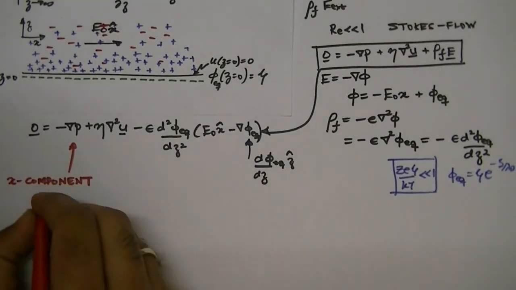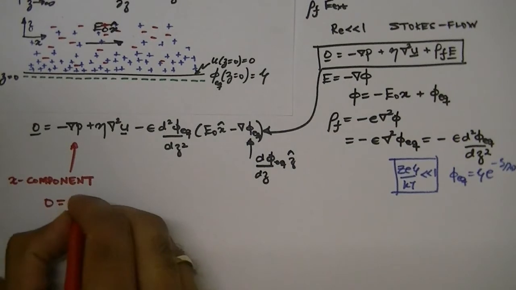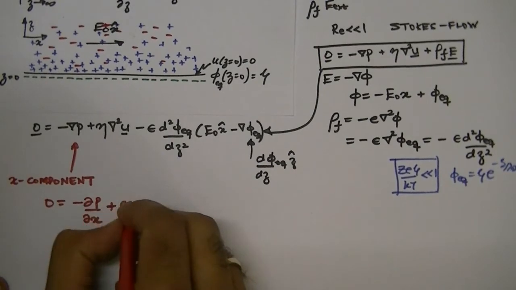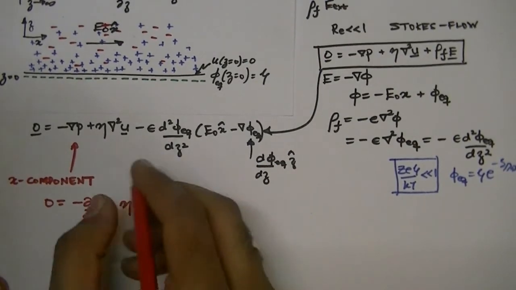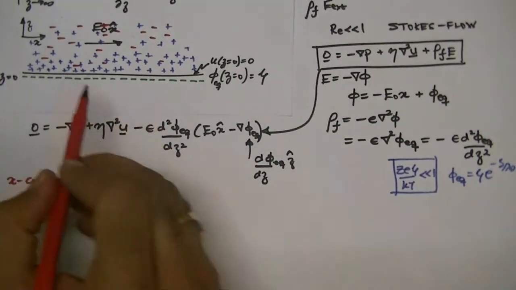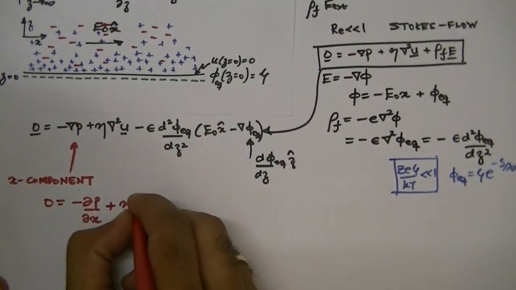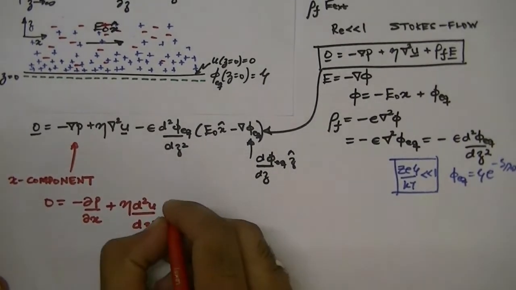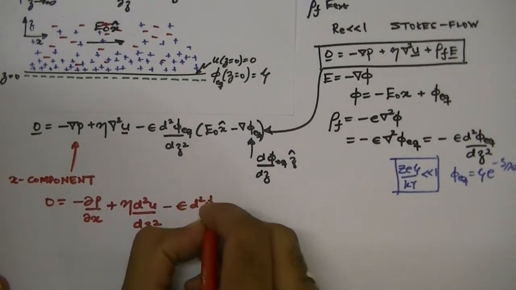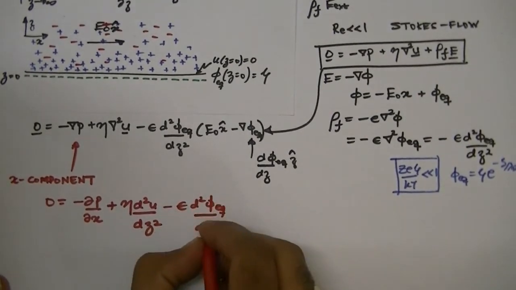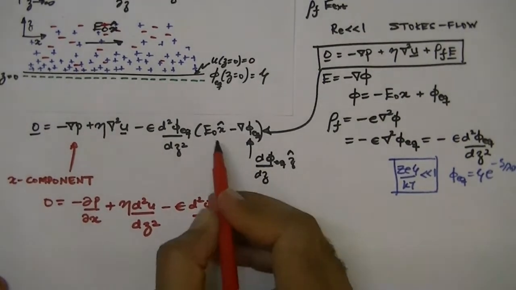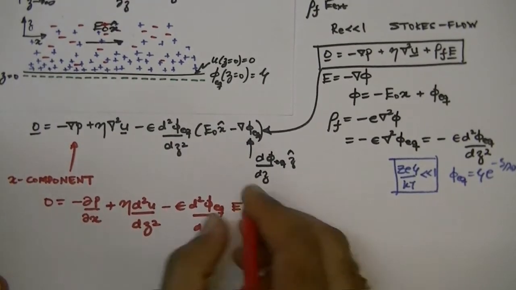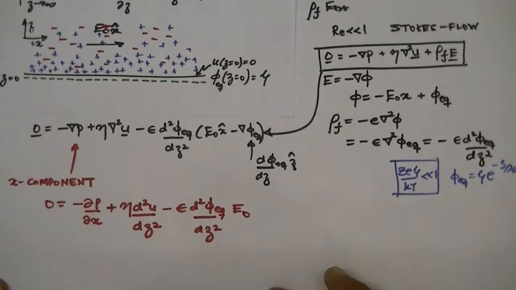So the x component is given by 0 equals minus del P by del x plus eta, which is the viscosity, and note that there is no variation in the x direction, so we'll just have del squared u over del z squared, minus epsilon d squared phi equilibrium over dz squared, and the electric field in the x direction has only one contribution, due to the external electric field, that is E naught.